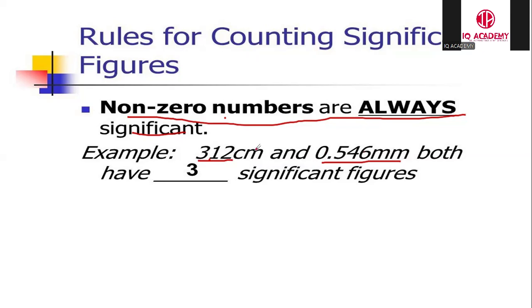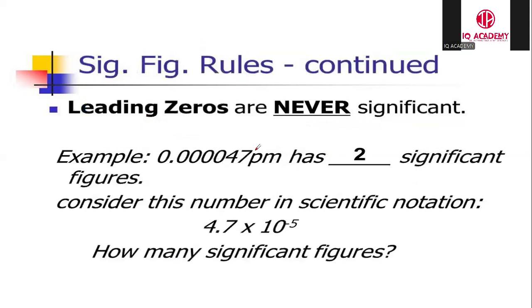Then for the next one, we want to talk about the leading zeros. The rule is that leading zeros are never significant if they are present in the number. If I'm given this measurement here, you can see that I have a lot of zeros in front of the first non-zero digit, which is 4. All these zeros in front are not significant.